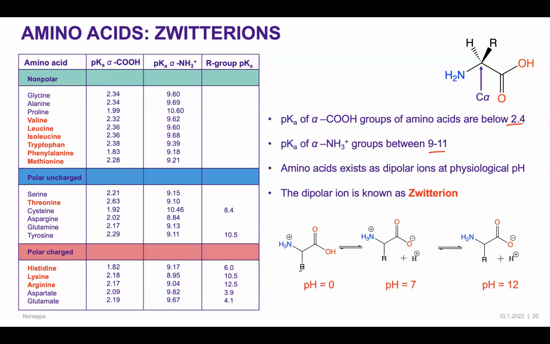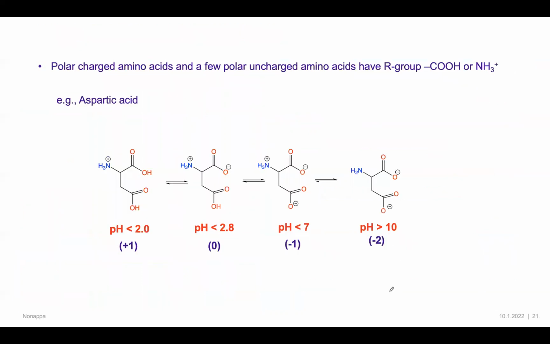If you take a simple amino acid, you can easily change the charge by changing the pH. If you take polar charged amino acids, such as aspartic acid, then you can have multiple charges.